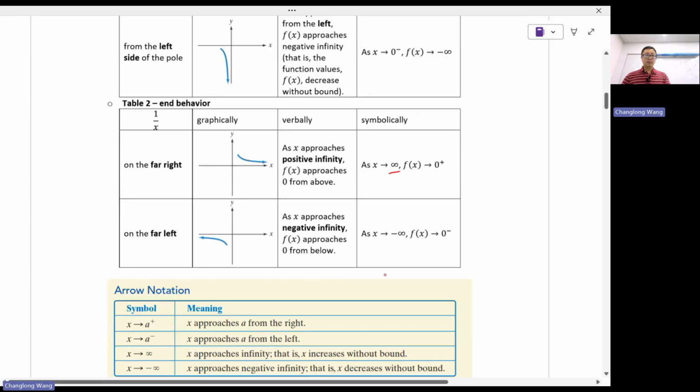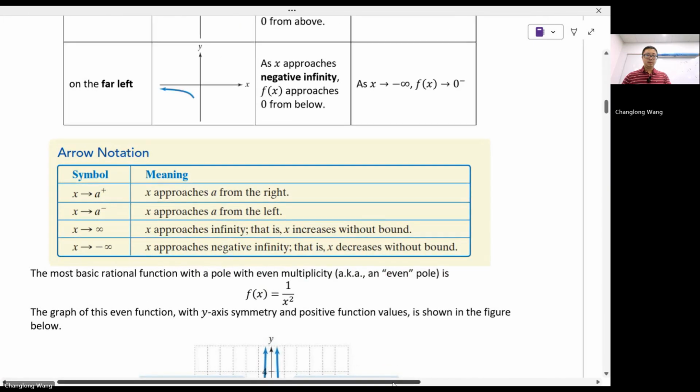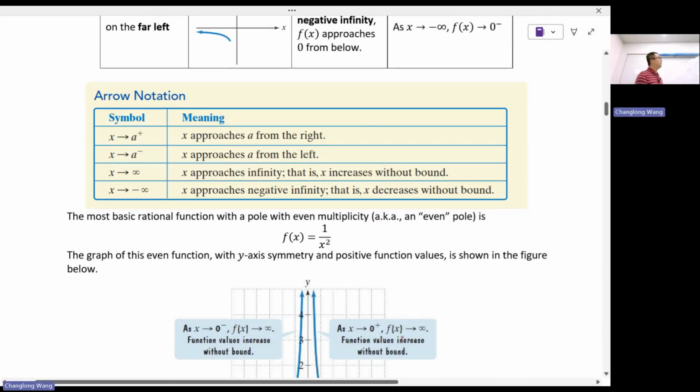Now, let me go over the arrow notation. When x approaches a number from the left or the right, or approaches infinity, you can use the same notation with the function values. Please make sure you're not just getting used to reading them, but understanding what they mean.